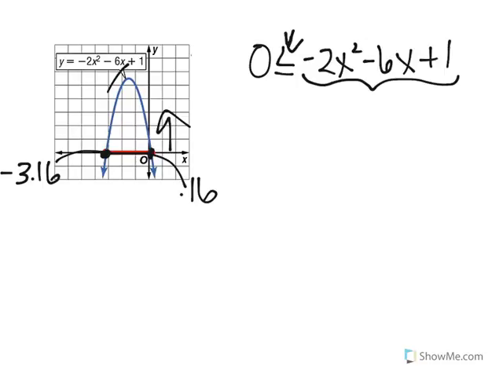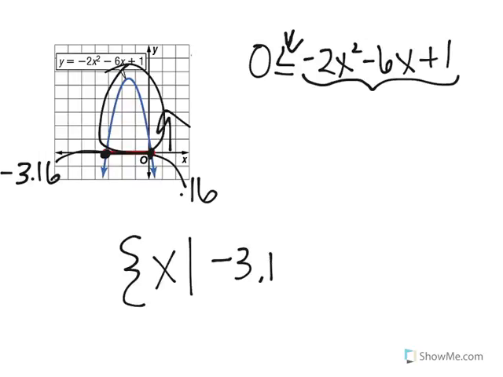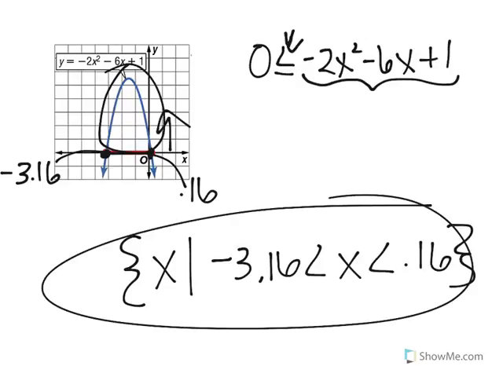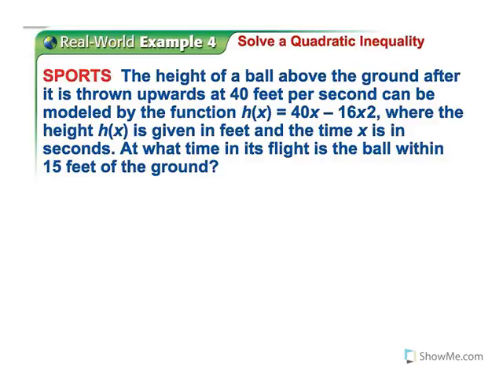We want this piece of our graph. So the way you would write that as a solution set is x is in between -3.16, it's less than x, less than 0.16, and that's our answer.